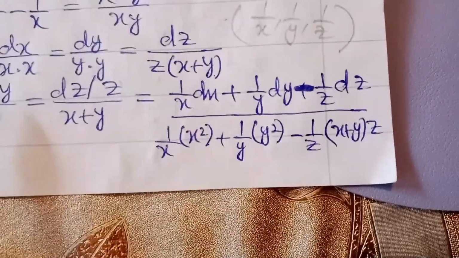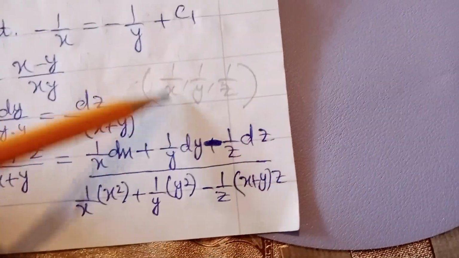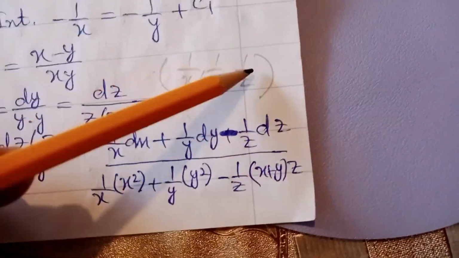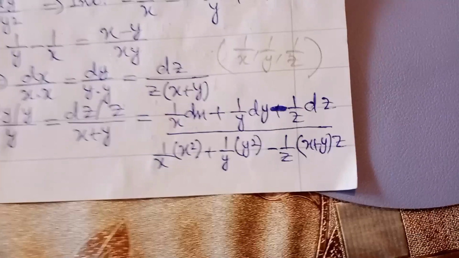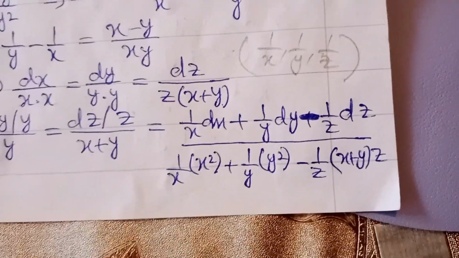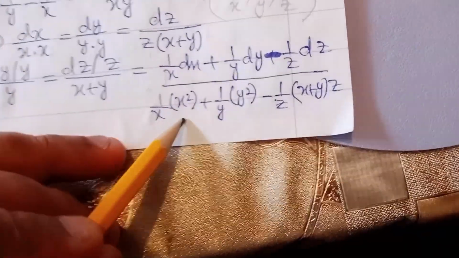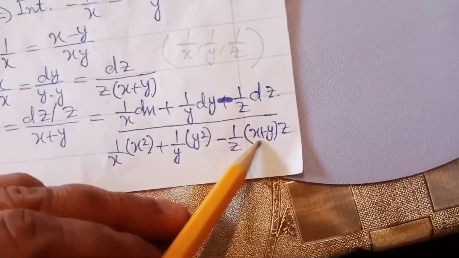Now we are taking the Lagrange multipliers here. What are the Lagrange multipliers? 1 upon x, 1 upon y, 1 upon z are the Lagrange multipliers. Here we are using the values of L, M, N as 1 upon x, 1 upon y, 1 upon z, or you can say that we multiply and divide by x, y, z.